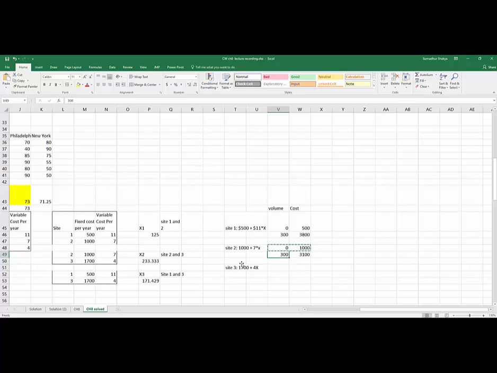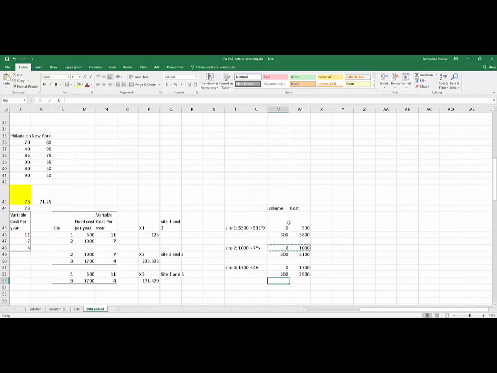In this case it would be 500, I need to change this, such that, drag and drop, 300.